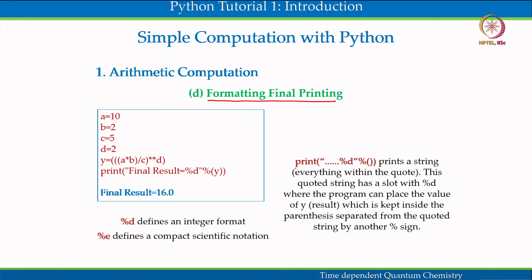The construct is the following: print within brackets, within quotation we have written a string with a slot given as %d. %d will take the integer value, %f will take the floating point value, %e will take compact scientific notation.